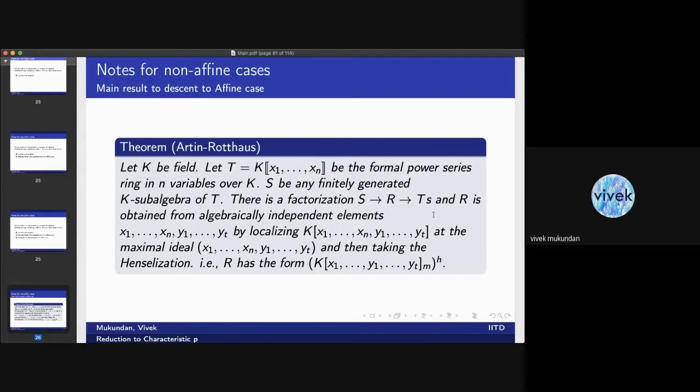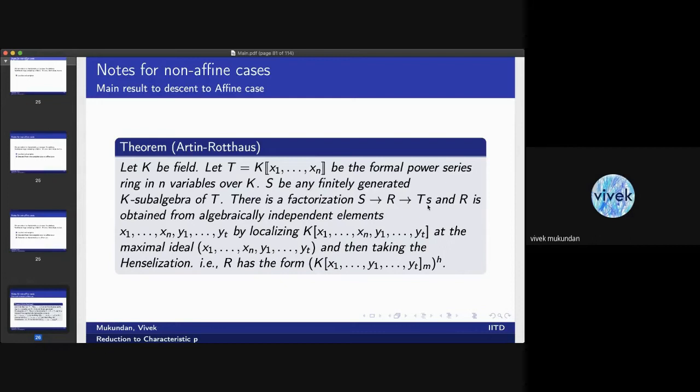So whatever problems you have for a complete local ring, if you have finitely many equations, finitely many data in the complete local ring, you can push it over to the finitely generated K-algebra R and go through this method.